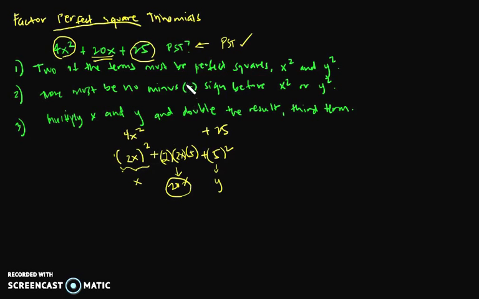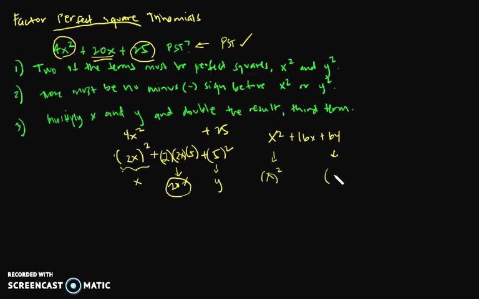So how about this? Can you determine if this is a perfect square trinomial? How about x squared plus 16x plus 64? By merely looking at the expression, we could tell that this is x squared, x raised to 2.